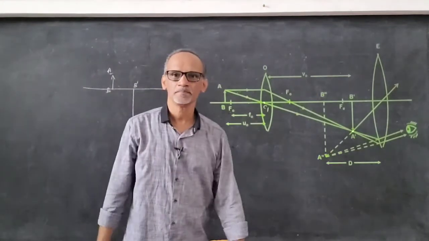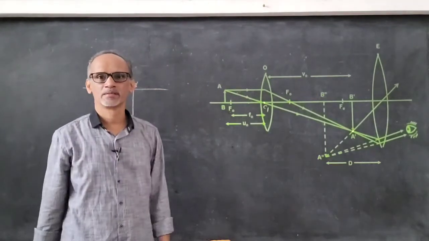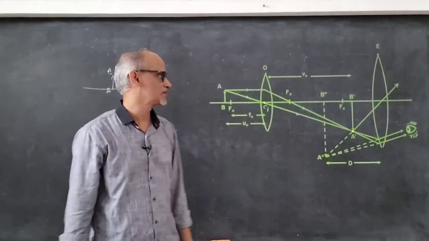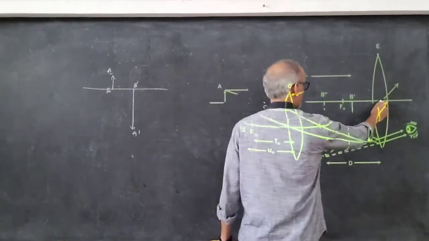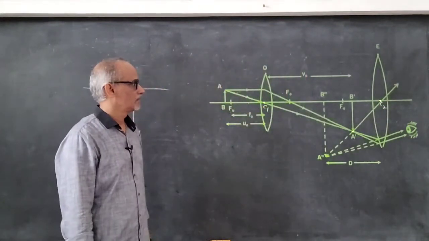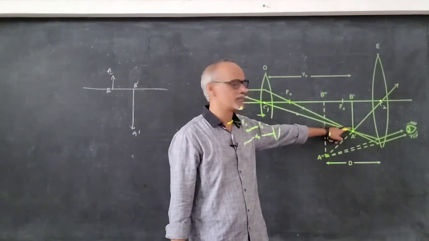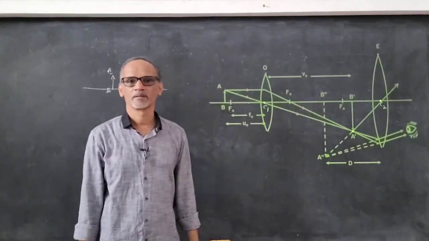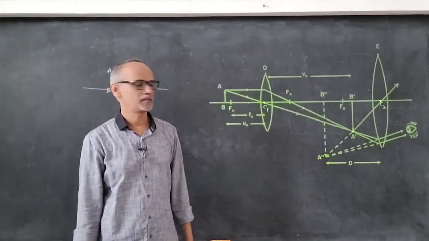Okay. So now there is an eyepiece. The eyepiece is adjusted in such a way that, see, this is the optic center of the eyepiece. The image which is formed now acts as the object for the eyepiece.